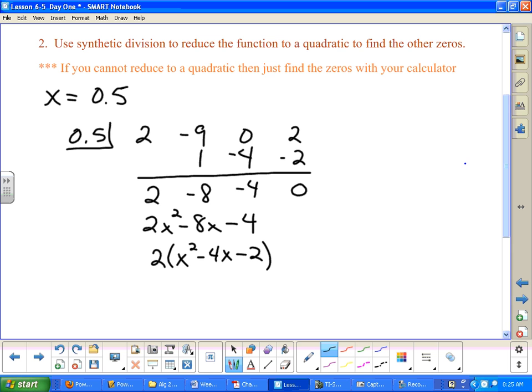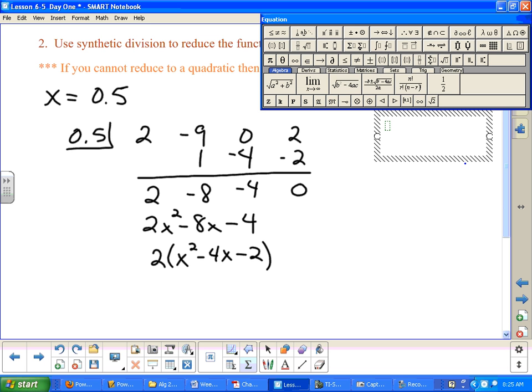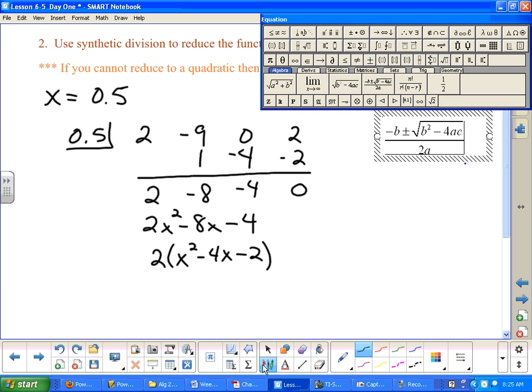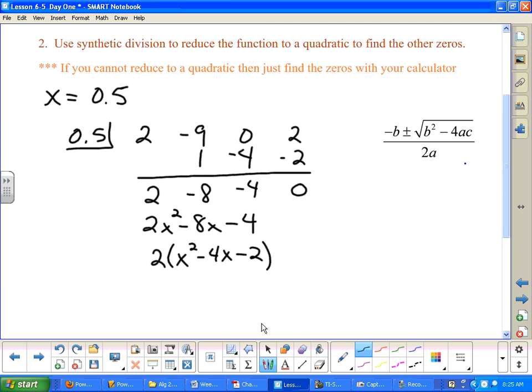So if you don't remember the quadratic formula, it looks like this. There's the quadratic formula. When I write it, I always write it in 2 separate parts.